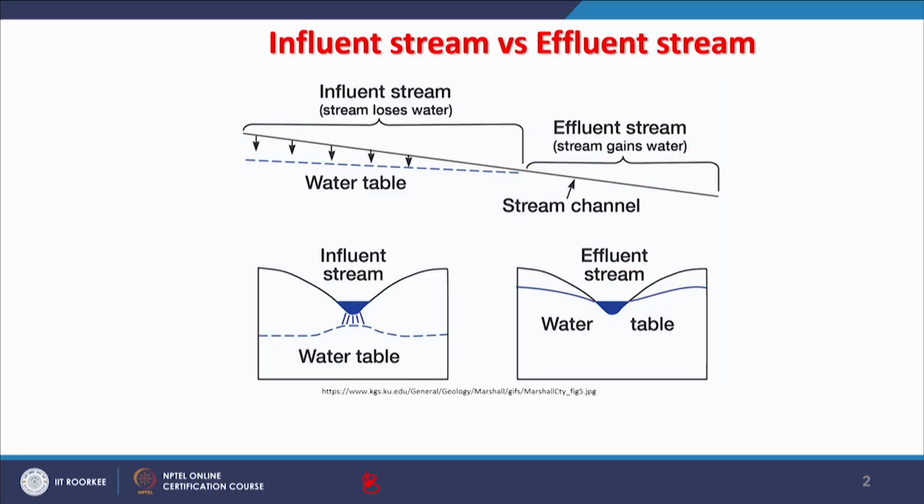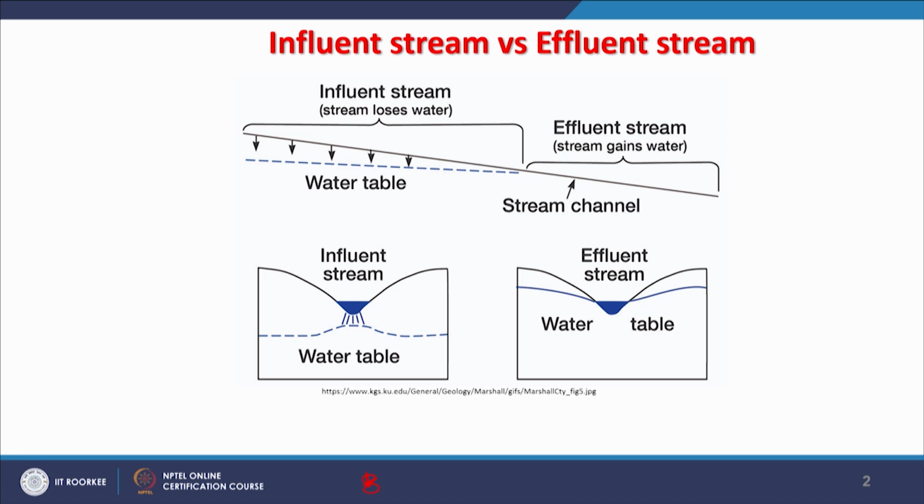Earlier also in our discussion very briefly I touched on this, but before we go to surface runoff, I would like to discuss two terms which we will be using in our discussion, and the two terms are influent stream and effluent stream.